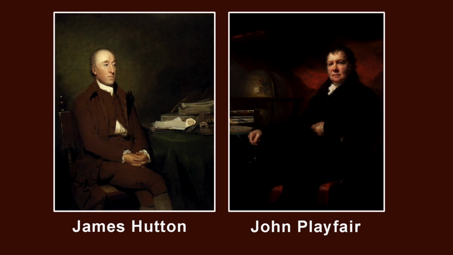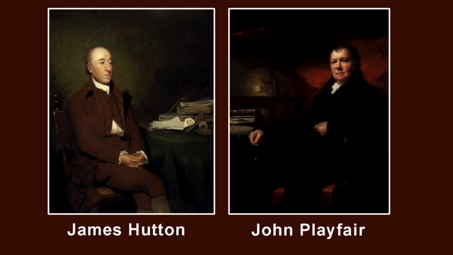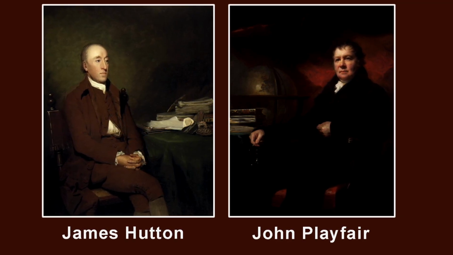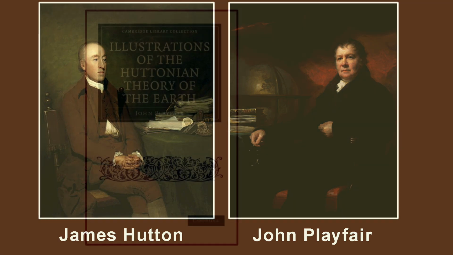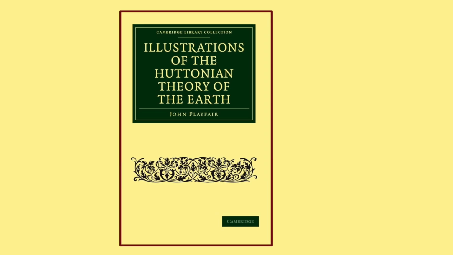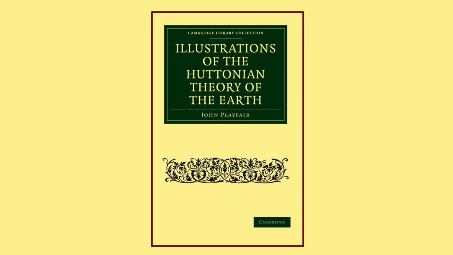James Hutton originally developed this concept, but it was later refined and made more accessible by John Playfair, that is between 1748 to 1819, who summarized Hutton's theories in his book Illustrations of the Huttonian Theory of the Earth.